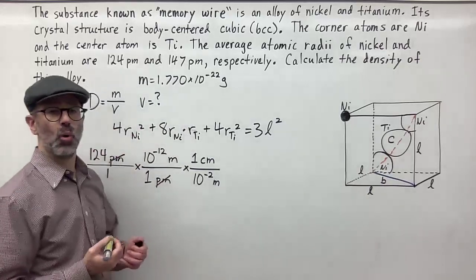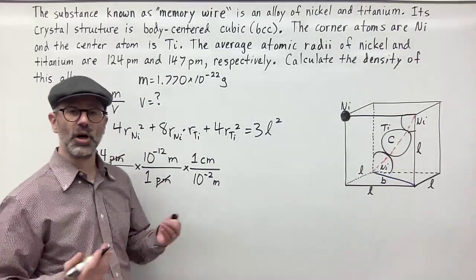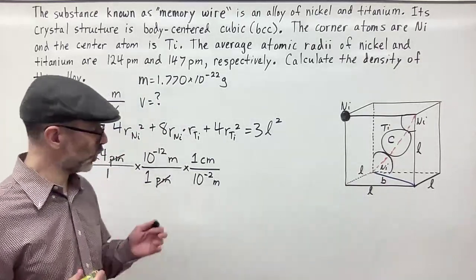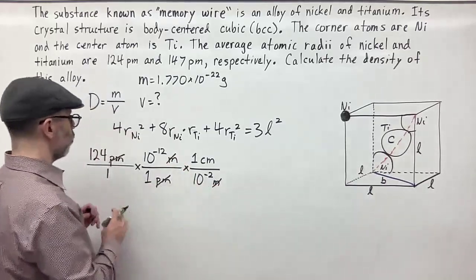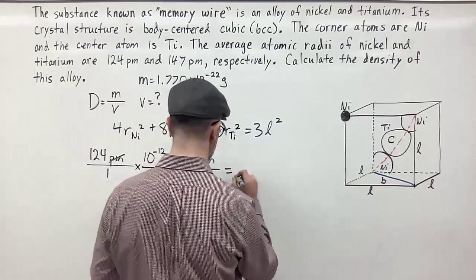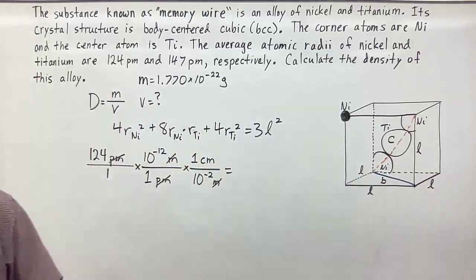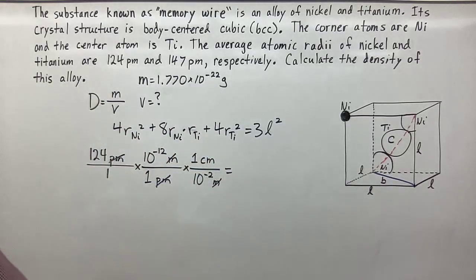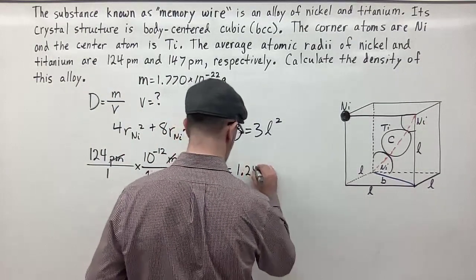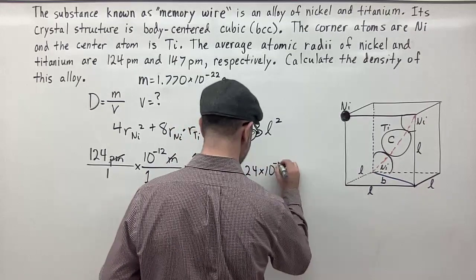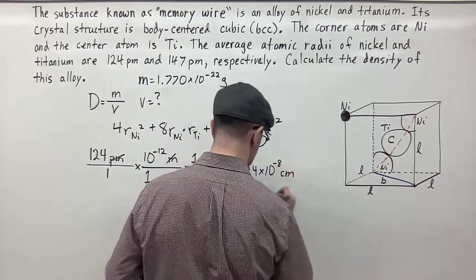You could do 1 meter is equal to 100 centimeters. That's the same ratio. It doesn't matter. So meters cancels out. When I do the calculation, I get 1.24 times 10 to the negative 8 centimeters.